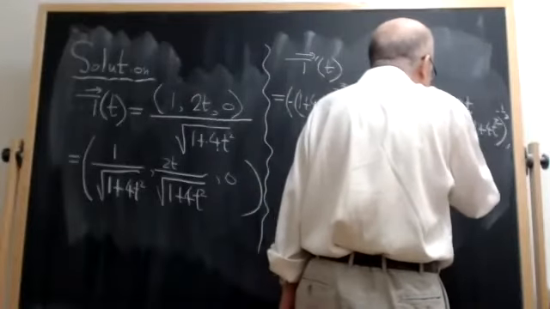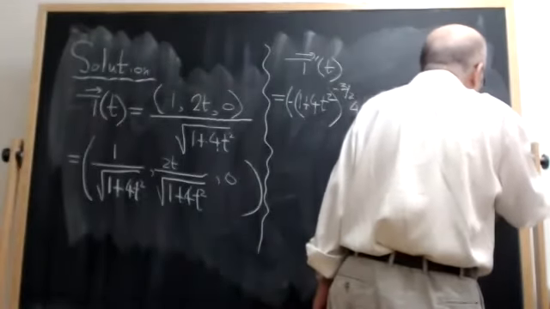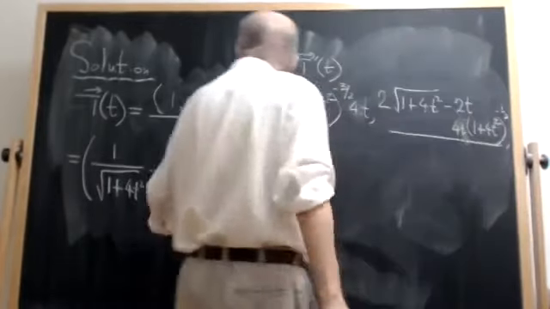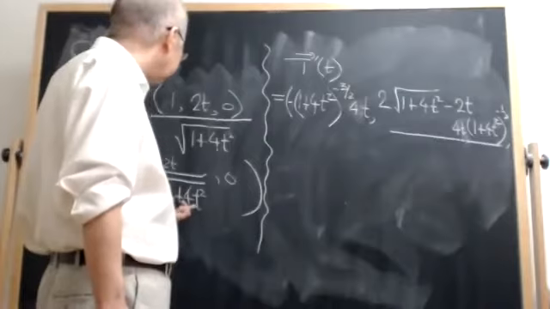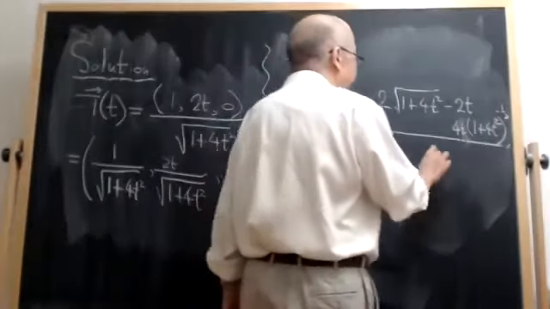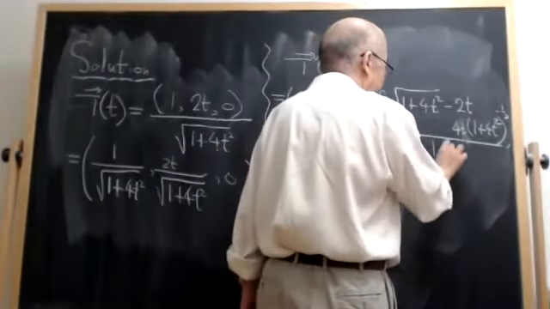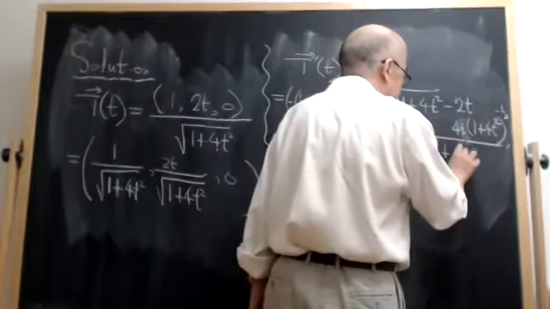So that should be 2 over the square root of 1 plus 4t squared, and then the whole thing is divided by the square of the denominator, which is 1 plus 4t squared.